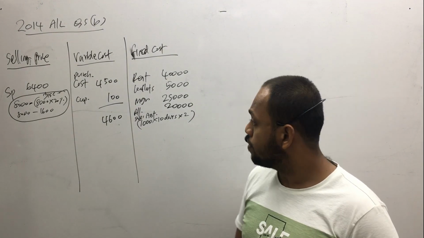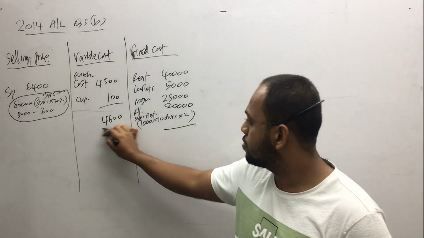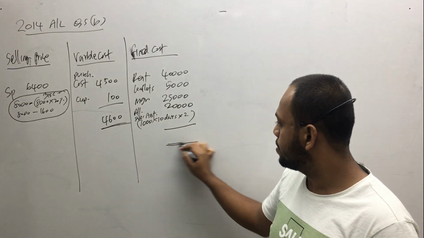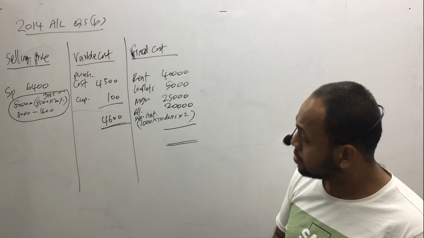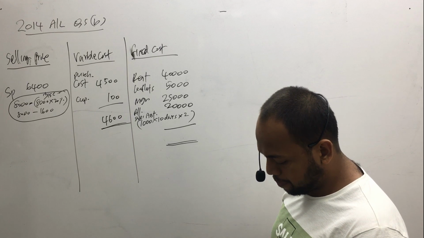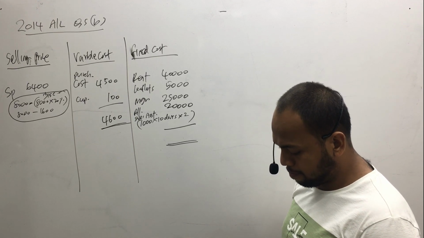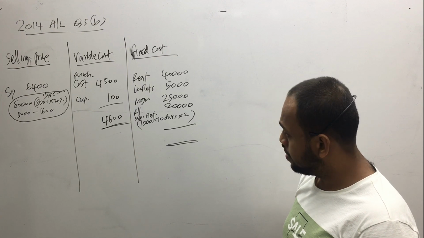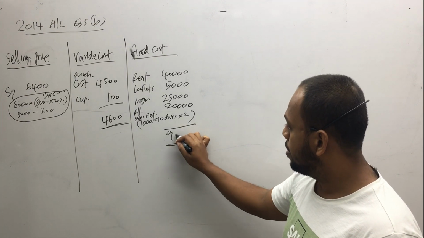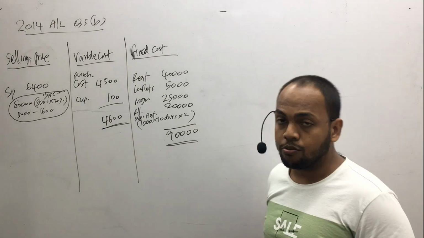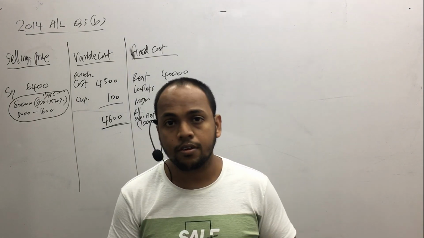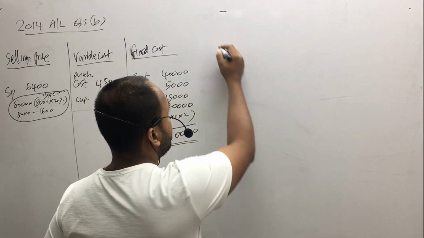Selling price is 6,400, and the fixed cost. Let's calculate the fixed cost. 40,000 plus 5,000, 25 plus 20,000. 90,000 total fixed cost.